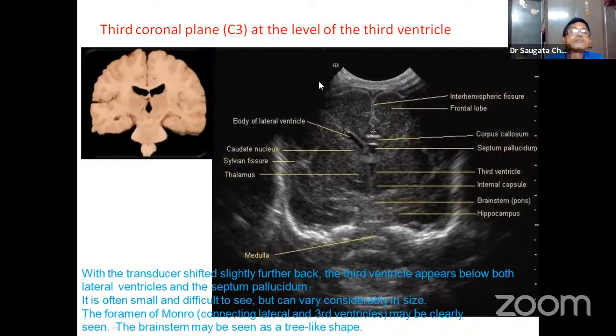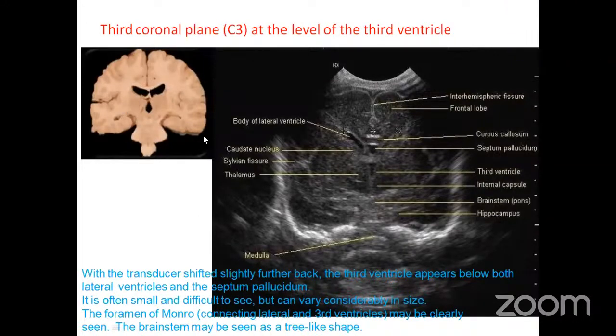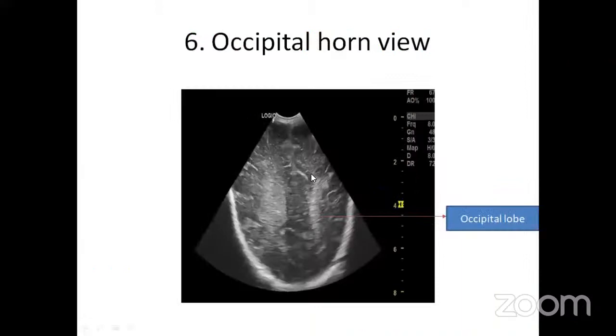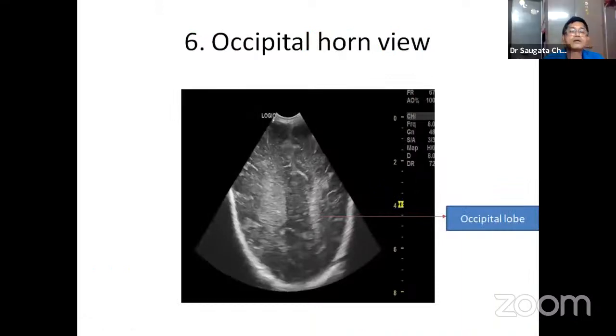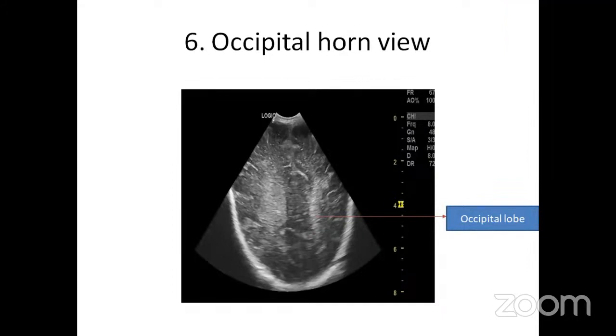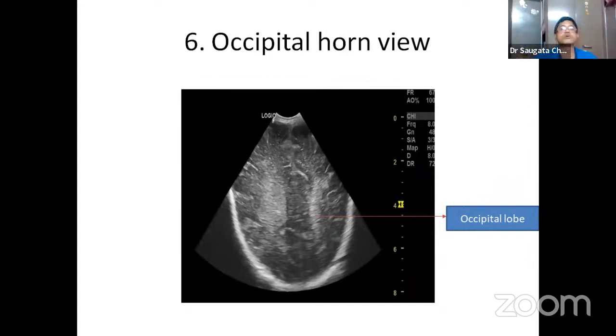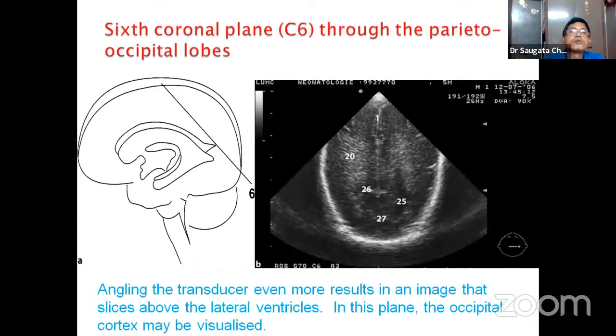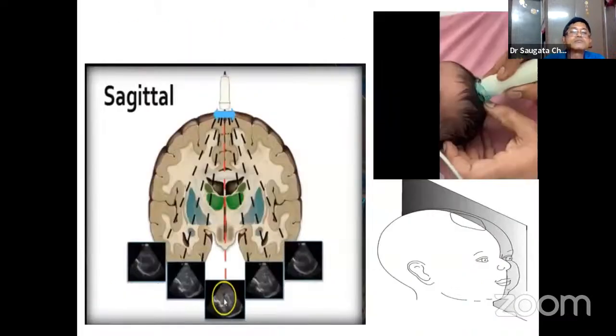This is the most posterior view in the coronal plane. Most posteriorly, we are seeing the occipital lobe. So this is the sixth zone. Angling even more results in an image that lies above the lateral ventricle, in this plane, the occipital cortex.